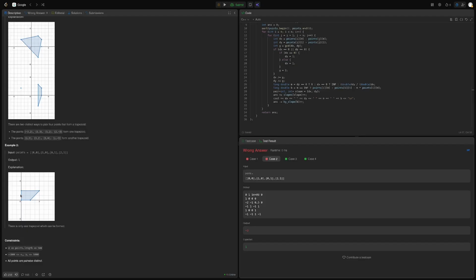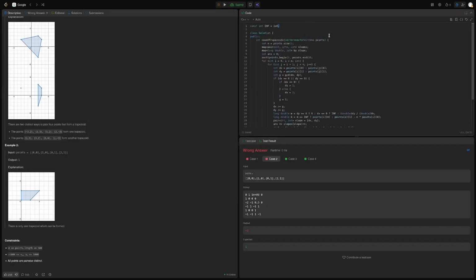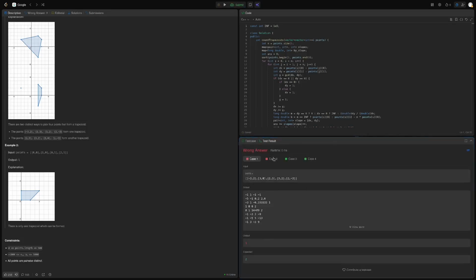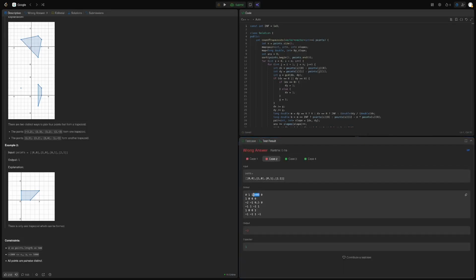Its b is... so dy is not 0, but dx is 0, so it should be infinity. So slope is this, 1e9.